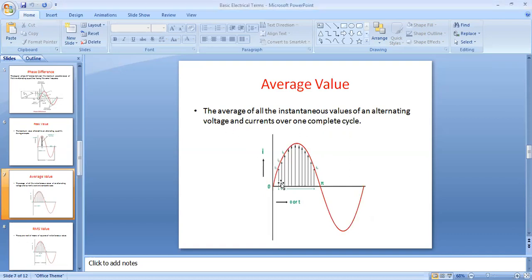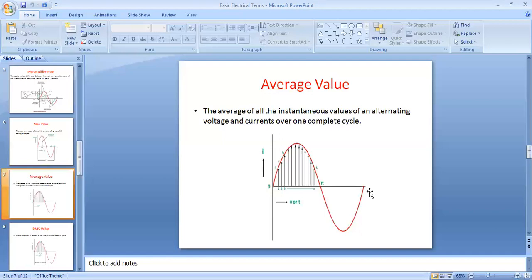In the figure, we can see zero up to pi. That means during 0 to pi, there is one positive half cycle, and from pi to 2 pi, there is a negative half cycle. Both are exactly equal. Therefore, the average value over a complete cycle will be 0.